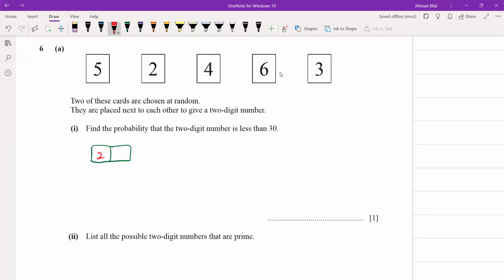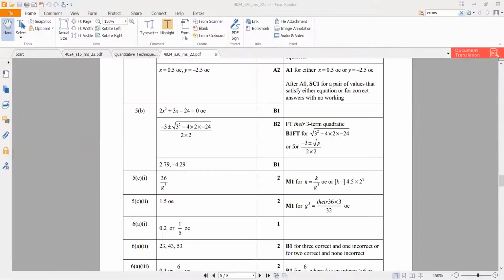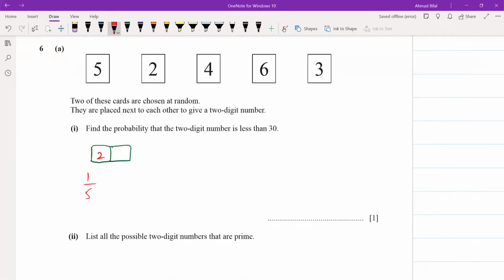What is the probability of selecting 2 out of these 5 numbers? Probability of 2 कितनी हुई? 1/5. Right? 2 select करने की आप randomly आपने एक card choose किया है इसमें से. क्या probability है कि वो 2 होगा? It's 1/5. अच्छा, अब हमने 2 choose कर लिया पहले वाले में.